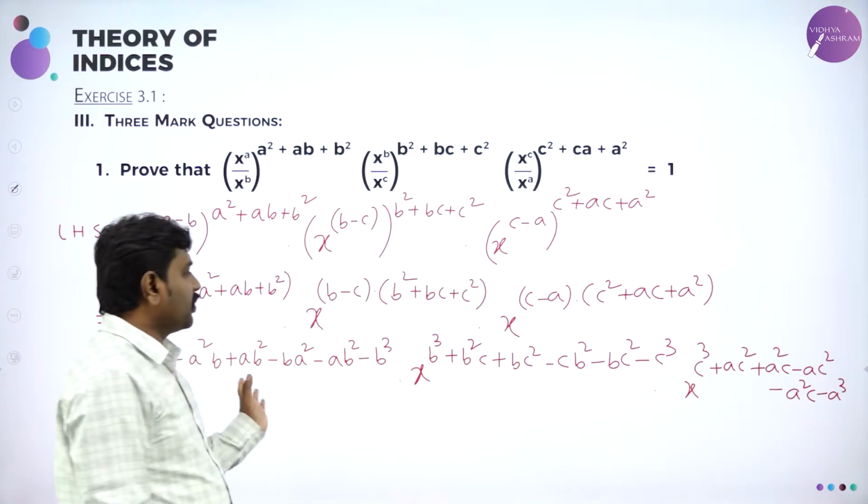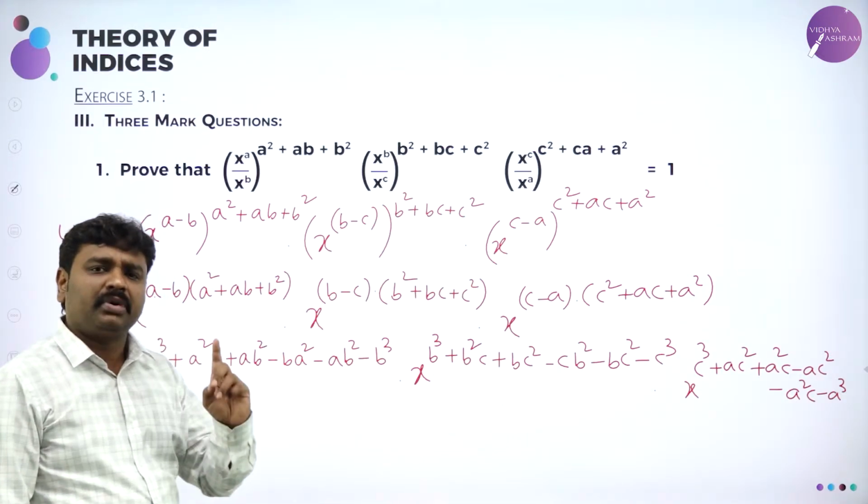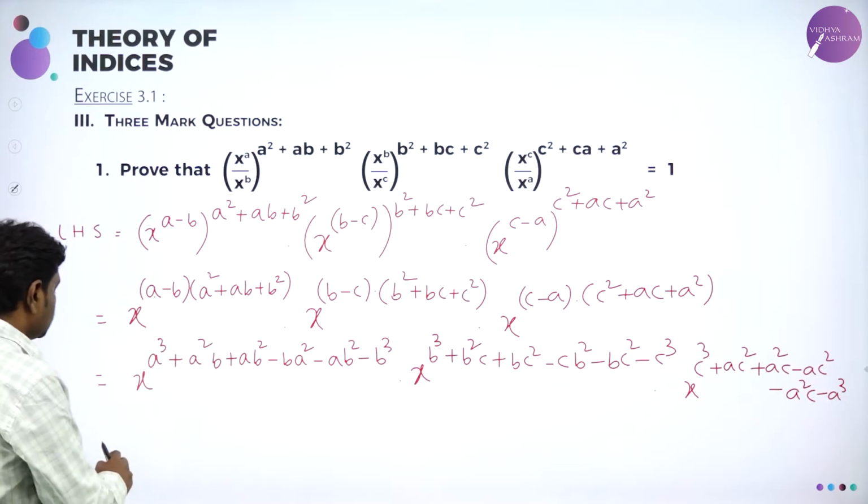Now it is in the form a^m into a^n. All of you know a^m into a^n is a^(m+n). So add all the powers.